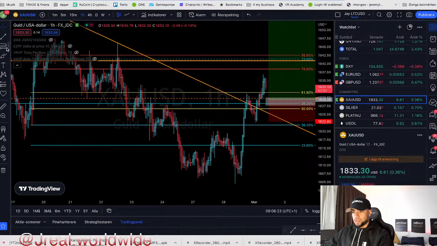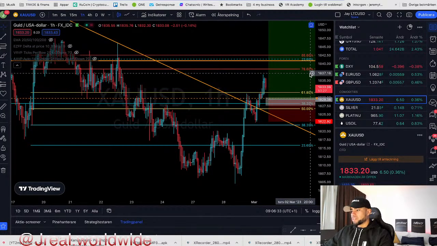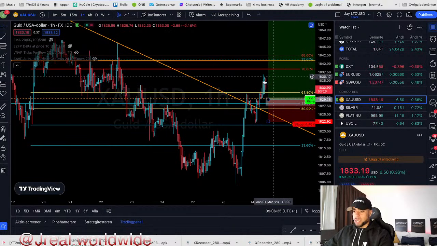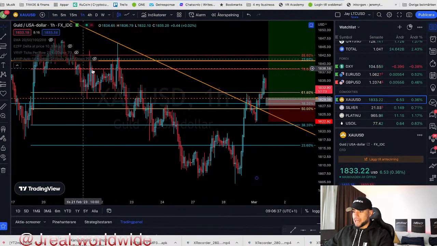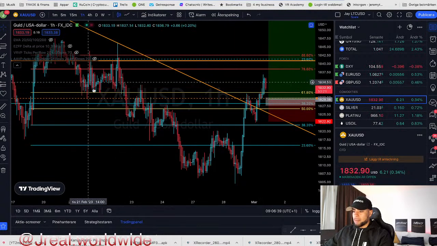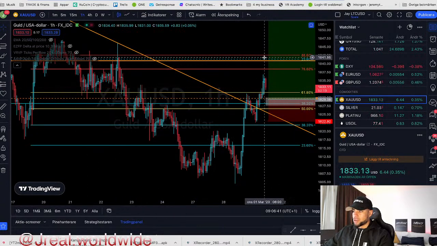Yeah, first take profit is definitely here because we got the supply zone here as well. You see these two red lines from the Fibonacci retracement tool, the 78.6 and the 88.6 Fibonacci retracement. That is the supply zone right here. A lot of supply. Market comes up, people selling off here. Market comes down again.